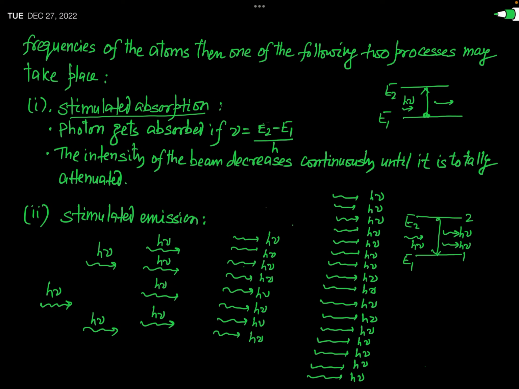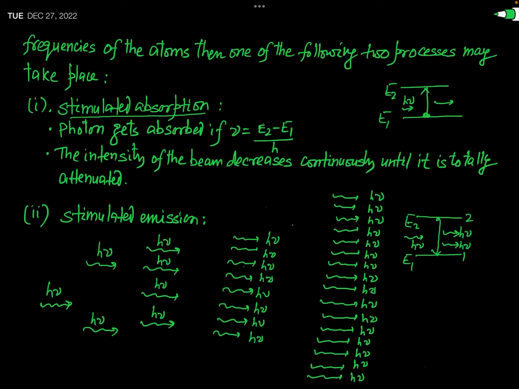Now, these two photons which are moving in the same direction will excite the two atoms in the higher energy level. And after the de-excitation of the atoms present in the higher energy level, again we will get two new fresh photons. So as a whole there will be 4 photons.